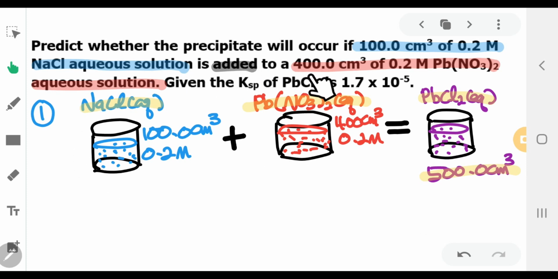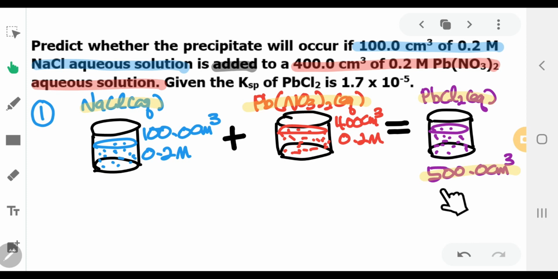When you add these two salt solutions together, they will be forming a slightly soluble salt solution, PbCl2, with the volume of 500 centimeter cubic.